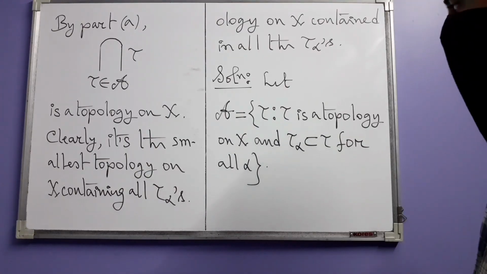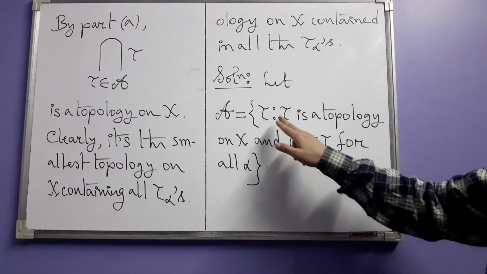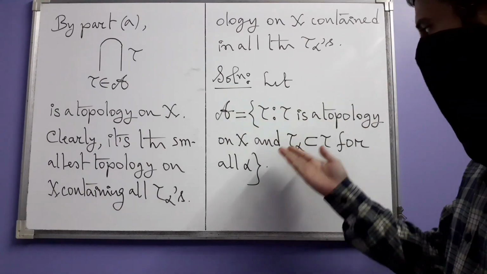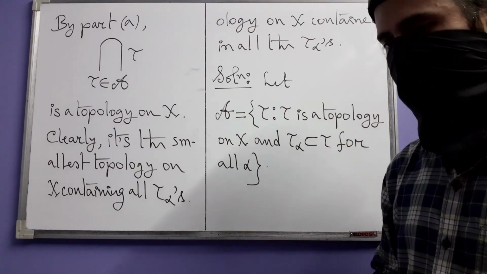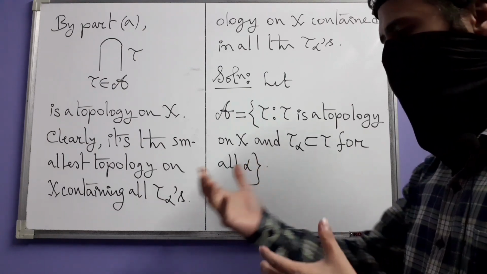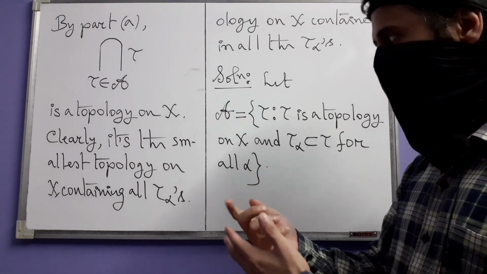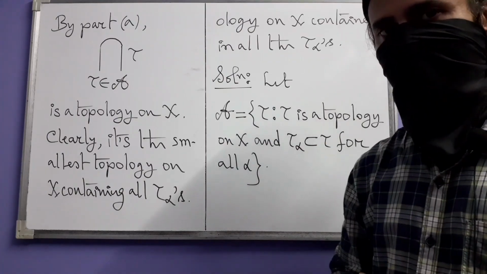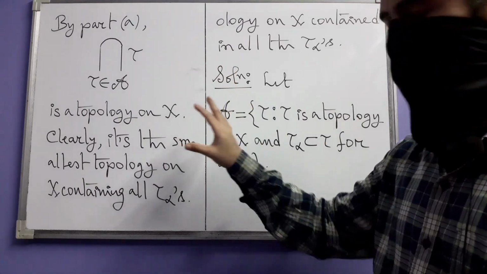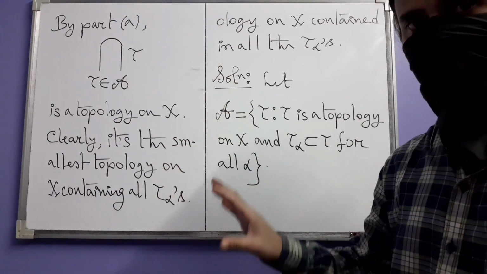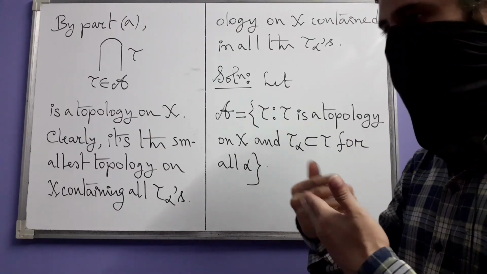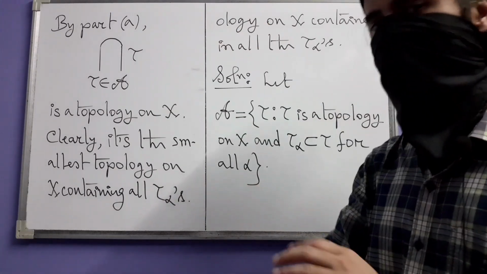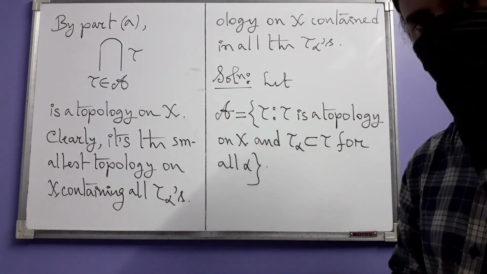That is because, say you consider any topology tau which contains all the tau alphas, then obviously the intersection of all the tau alphas would also be contained in that tau. And in that sense, it really is the smallest topology on X which contains all the tau alphas. Any other topology would contain this one inside of it. In that sense, it's the smallest.